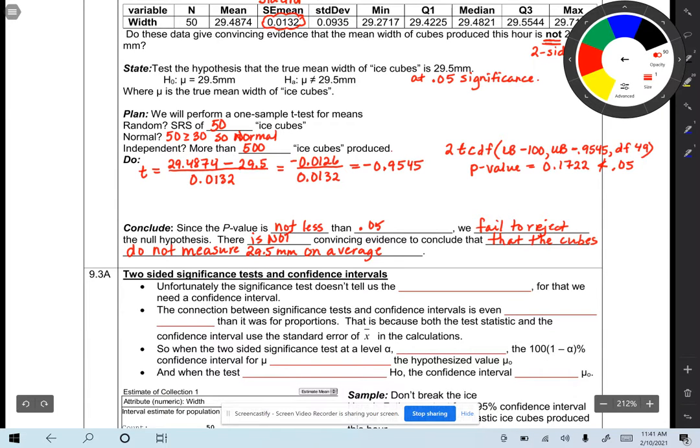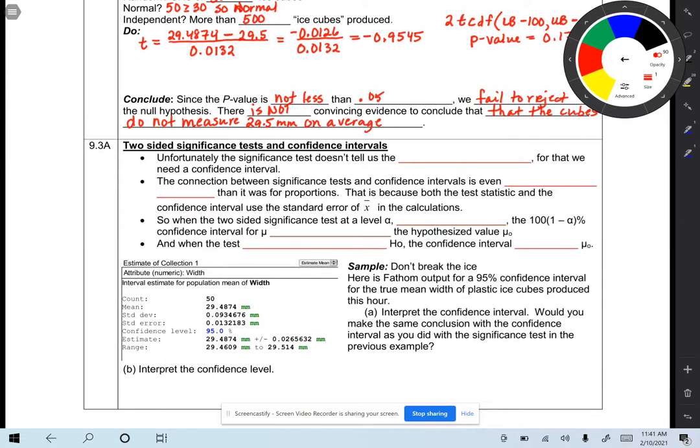All right, we will wrap up 9.3a by talking about the connection between two-sided significance tests and confidence intervals. Unfortunately, the significance test doesn't tell us the actual value of the parameter. For that, we need a confidence interval. The connection between significance tests and confidence intervals is even stronger for means than it was for proportions.